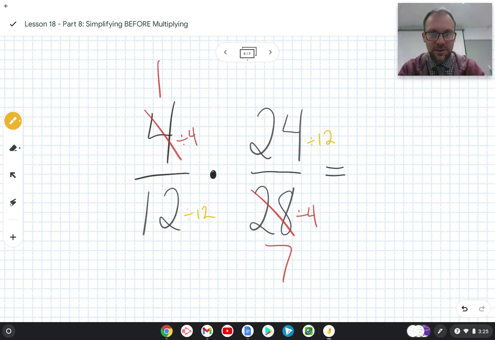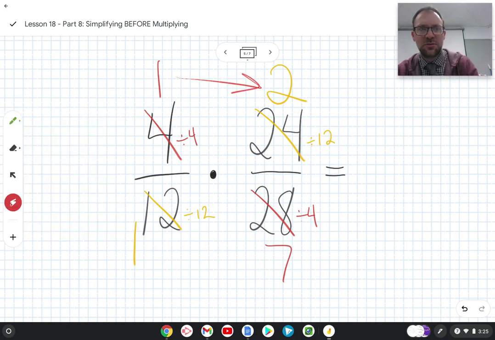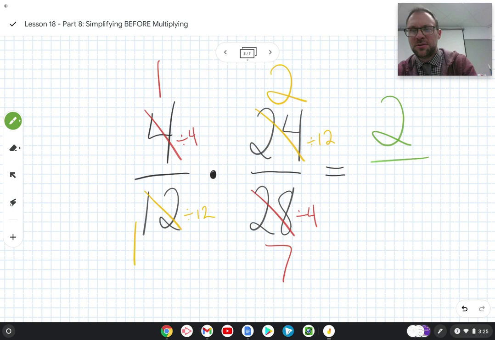And what do I get? Well, 12 divided by 12 is 1. 24 divided by 12 is 2. So now, instead of multiplying 4/12 times 24/28, that's a big multiplying, right? Now I'm multiplying 1/1 times 2/7. And that seems a lot easier, doesn't it? 1 times 2, that's 2.